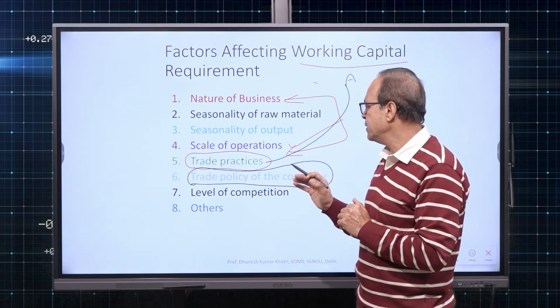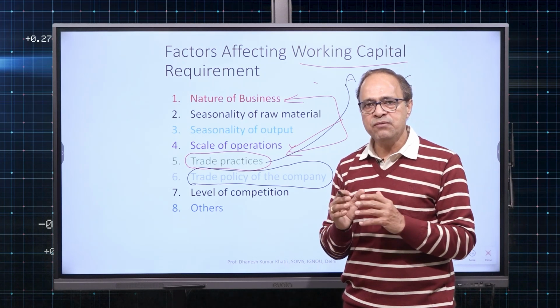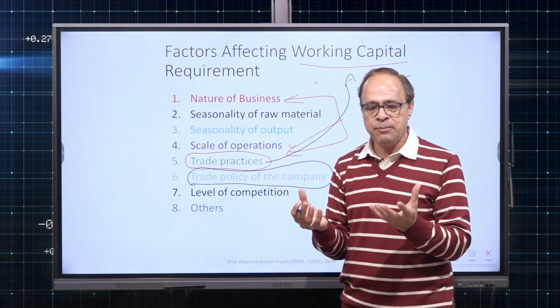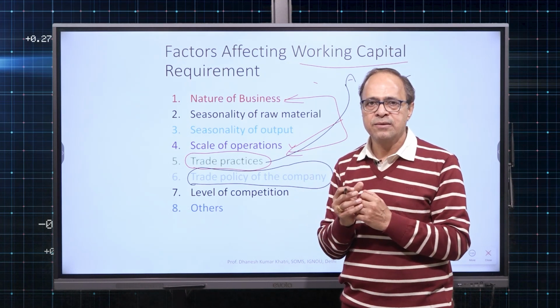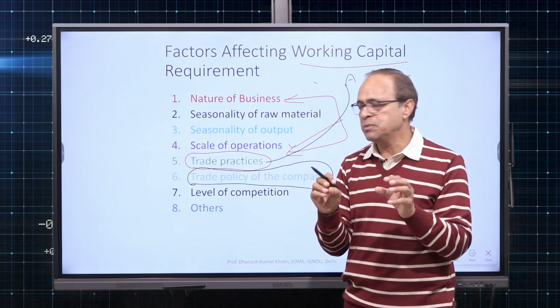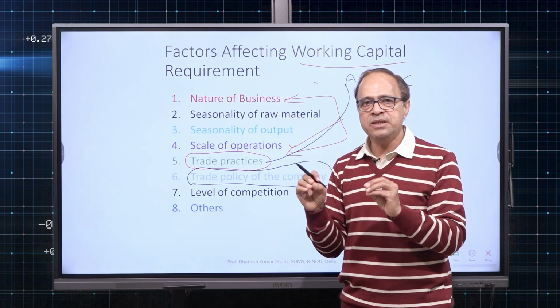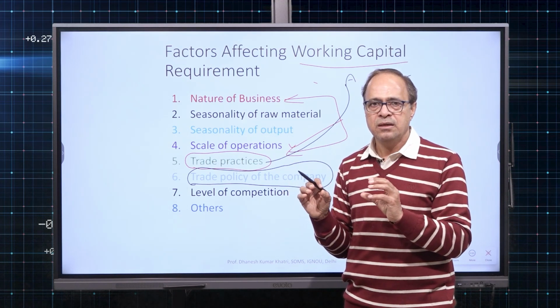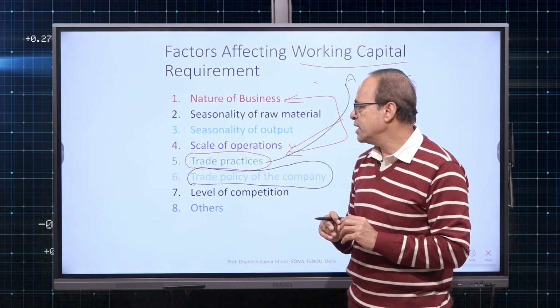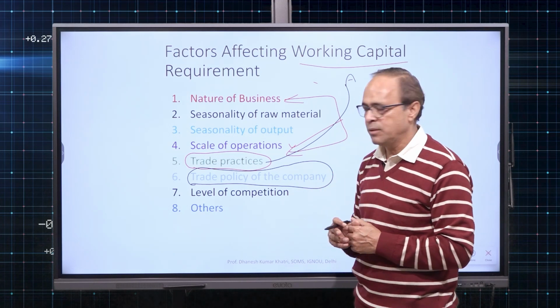Or it may be that you look at the fact of giving discount. If you give discount to your customer, then probability is that sales will rise. The moment discount offer is announced, your heavy investment will be there in the inventory. Your heavy investment may be there in cash. So, in that way trade policy and trade practices little bit overlap, but yes, that can be there.